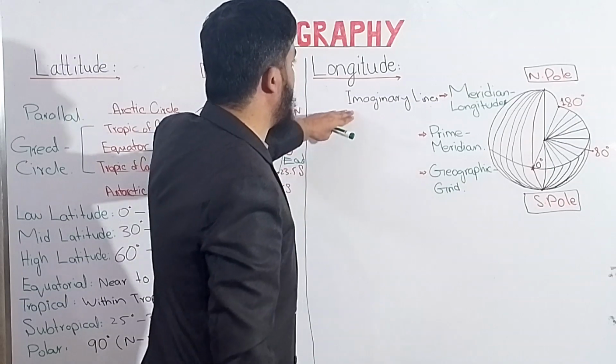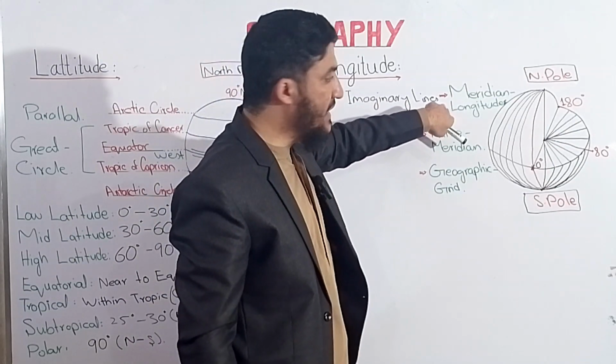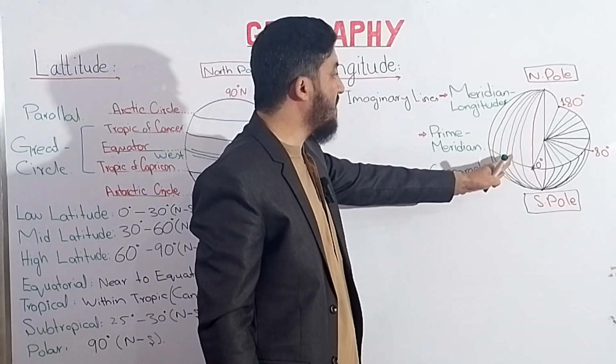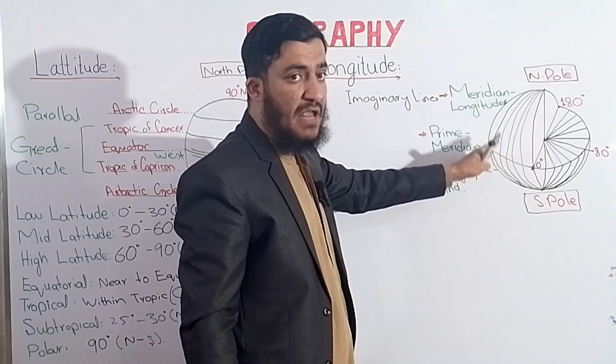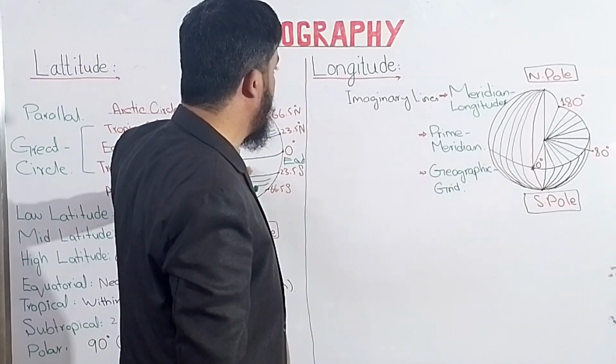These imaginary lines are called meridian lines. Each one of these lines is called a meridian, and they are not equal to each other, as compared to the parallel lines.